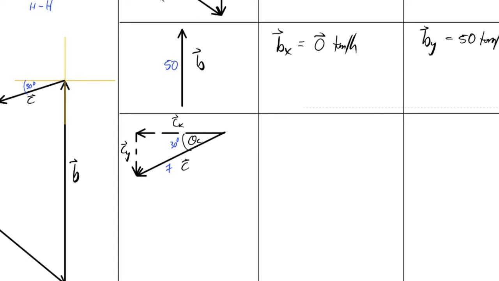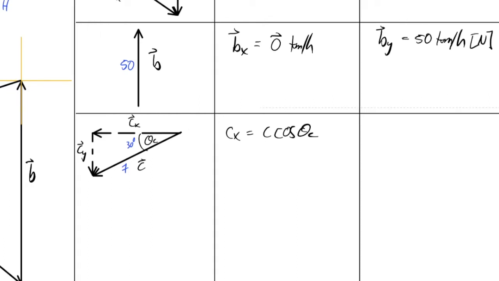Again, our CX is on the adjacent side, so our CX is equal to C cos theta C. Our CY, therefore, will be C sine theta C. So this will be, as a vector, 7 cos 30 degrees west.